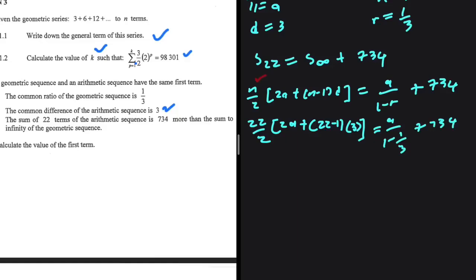Okay, we have to solve this now. So we're going to have 11 multiplied by 2a. Then 22 minus 1 is 21, so we're going to have 21 multiplied by 3. Is that 63? Okay, so we have 2a plus 63.